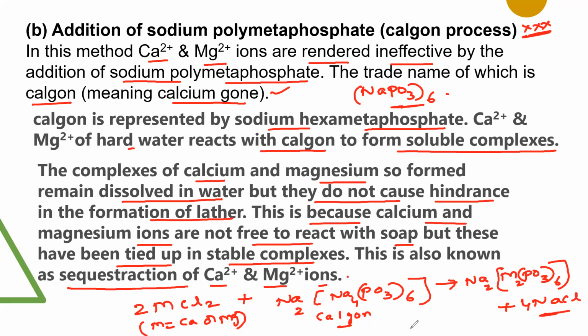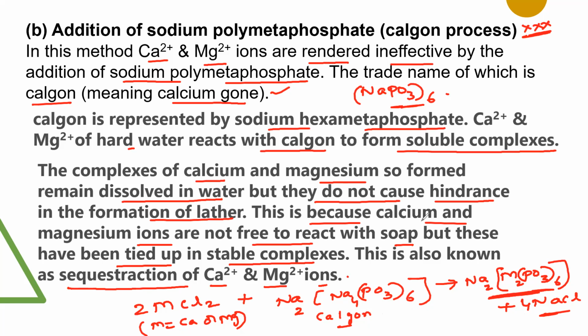The complex of calcium and magnesium ions does not form any precipitate with soap, and hence readily produces lather with soap solution. The complexes so formed remain dissolved in water, but they do not hinder the formation of lather.